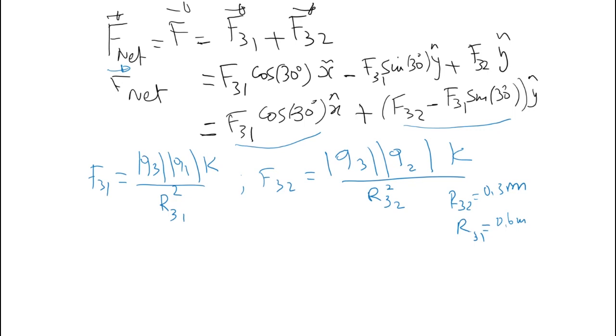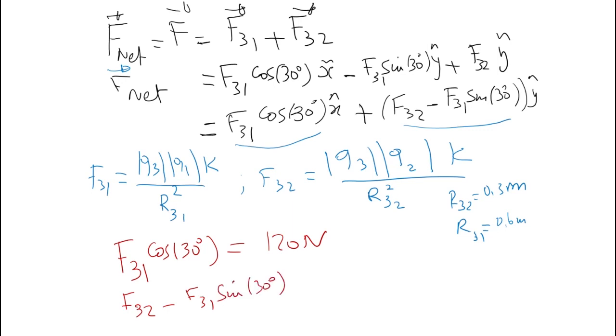Once you do the calculations, you should find F31 cosine of 30 degrees should be 120 newtons. And F32 minus F31 sine of 30 degrees will be 330 newtons minus 70 newtons, which is 260 newtons.